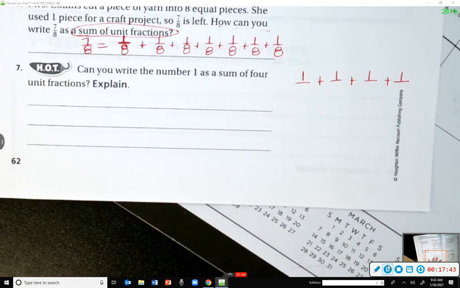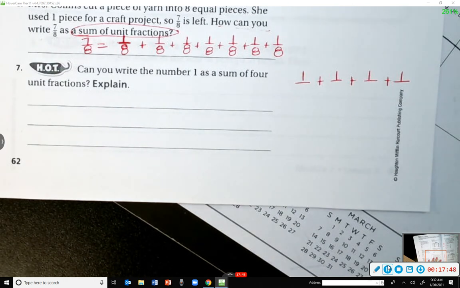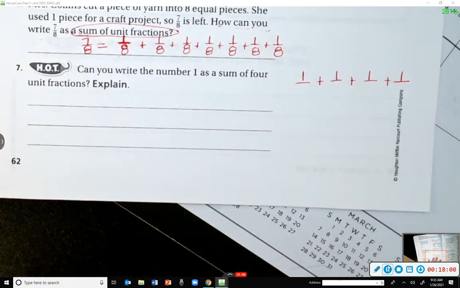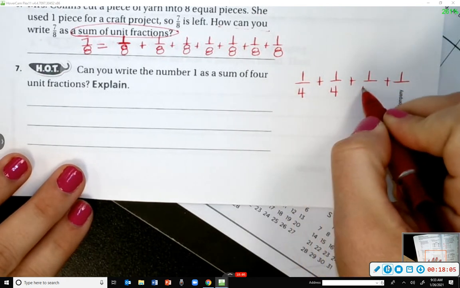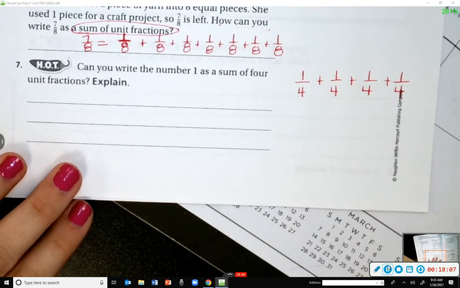Anybody have a guess? Allie? 4. Very good. And how did you know? It says it gives 4 ones. You have to have 4 to equal the whole 1, right? The whole piece. Okay?